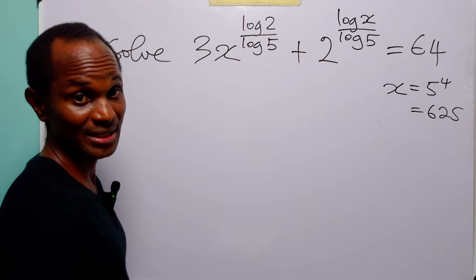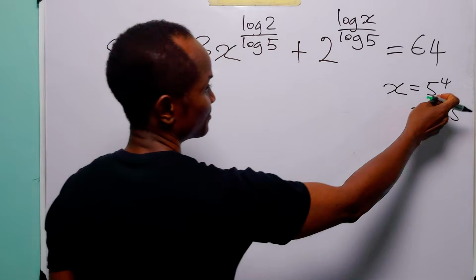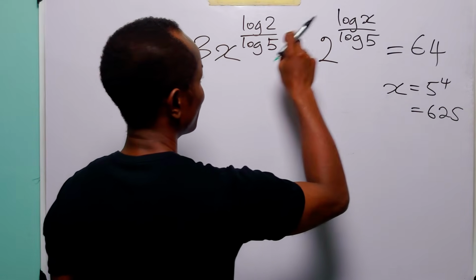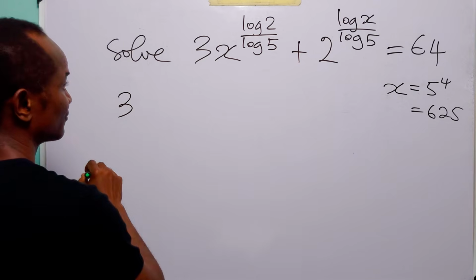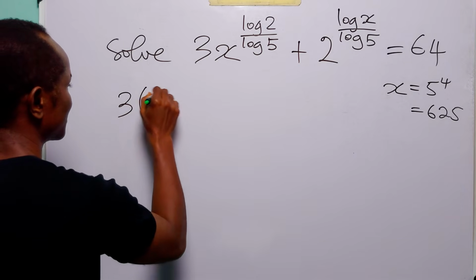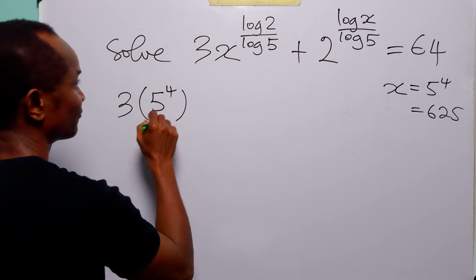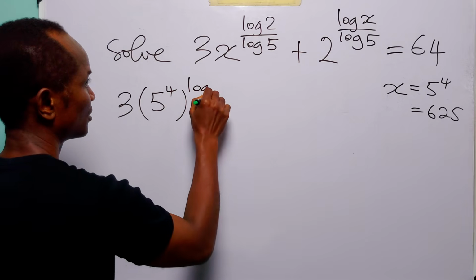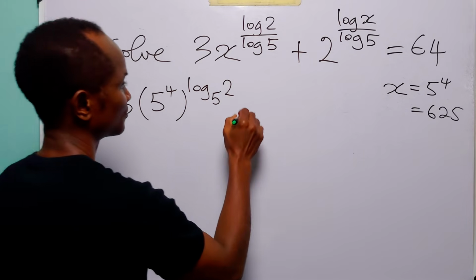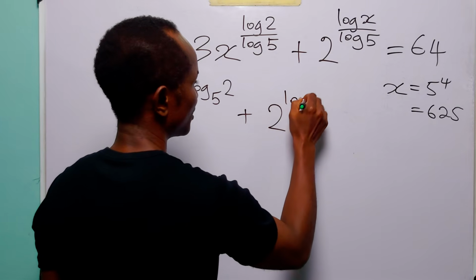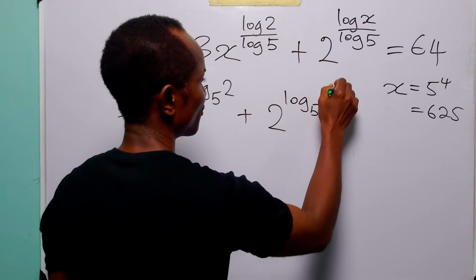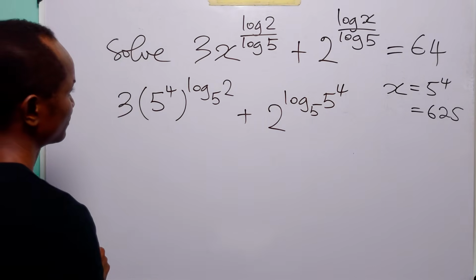And to check for the correctness of our answer, we simply substitute 5 to the power 4 for x in the original equation. When we do that, we have 3 times 5 to the power 4 to the power log base 5 of 2 plus 2 to the power log base 5 of 5 to the power 4.